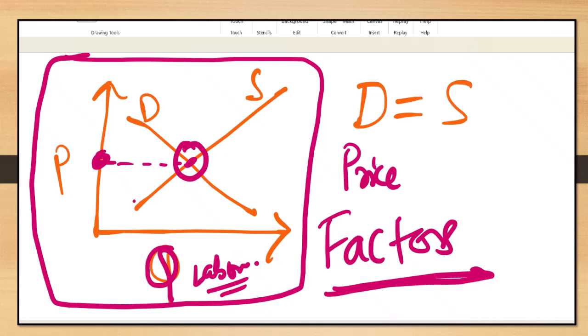Wherever the labor demand and labor supply meet at the particular wage, the particular price of the labor, that will be determined as the factor price. Understood? So it is not only about the final goods and services, it is also about labor. At that time labor is the good, because now we are talking about the factor market. So if this is about the factors of production, then this particular graph or mechanism is about which market? It is about the factor market.